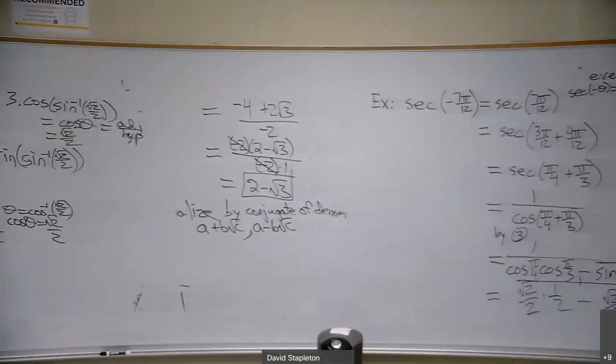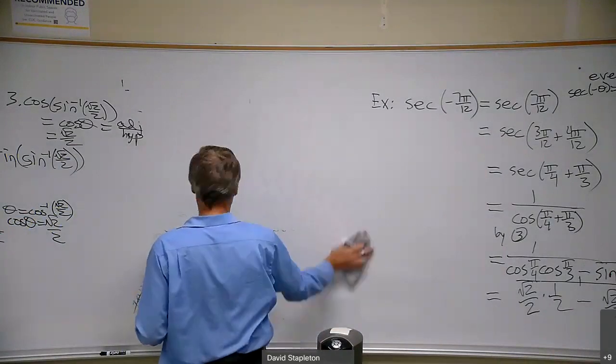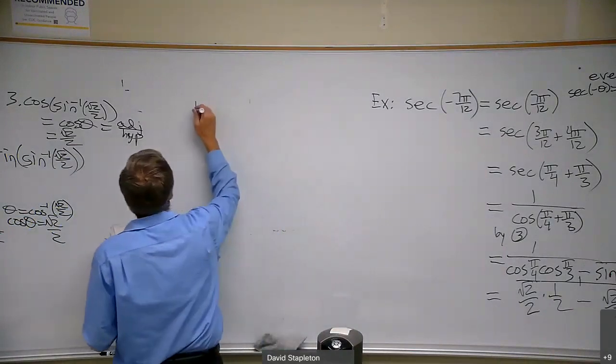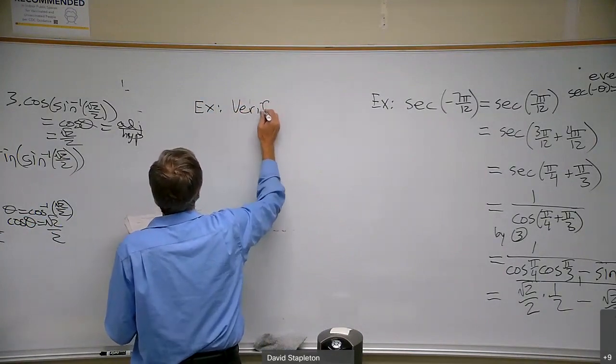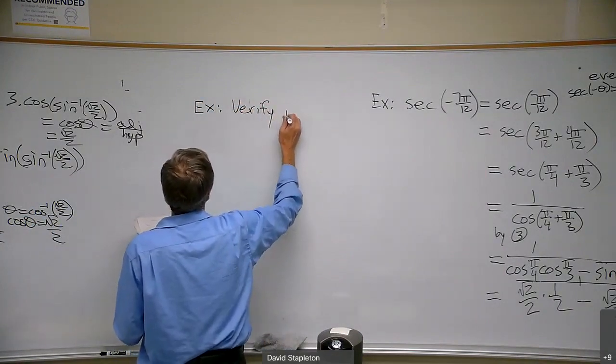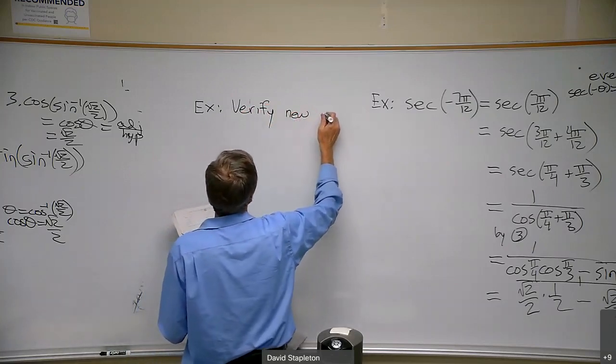There's a few identities to verify down here. Well, that additional thing you can do with these new identities is verify new identities, meaning derive some new identities, make some proofs.